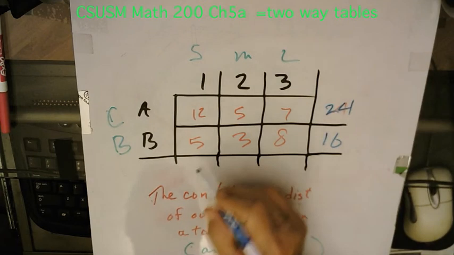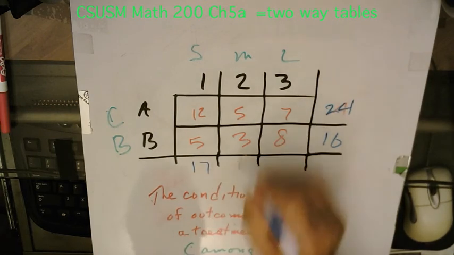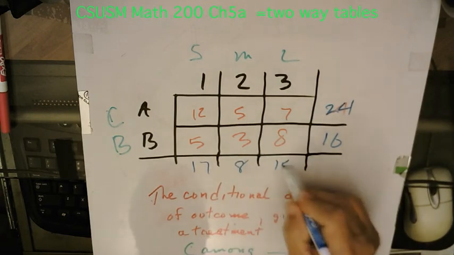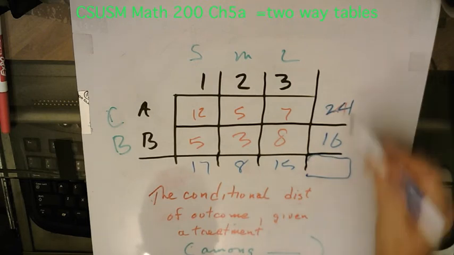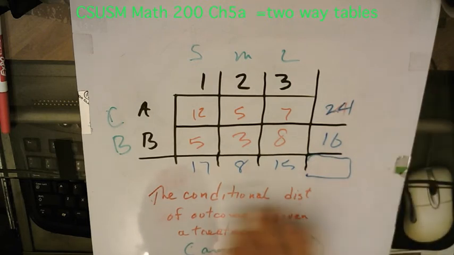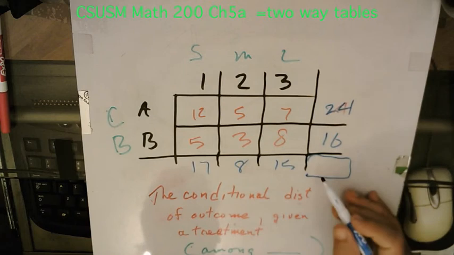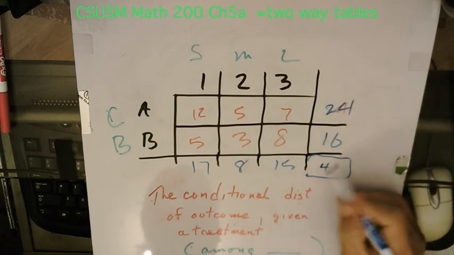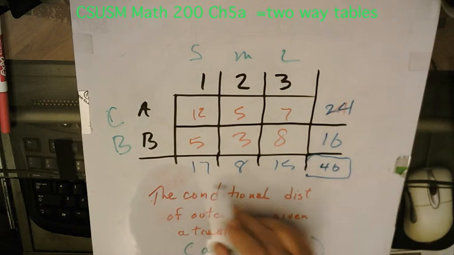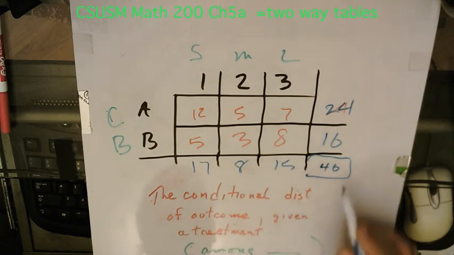And adding down, we get 17 here, we get 8 here, and we get 15 here. And then this final box over here is a sum of those margins, and both these should add up to the same amount. Looks like this adds up to 40 here, and going across here, 18, 7 is 25, and 15 is 40. Nice, 40.